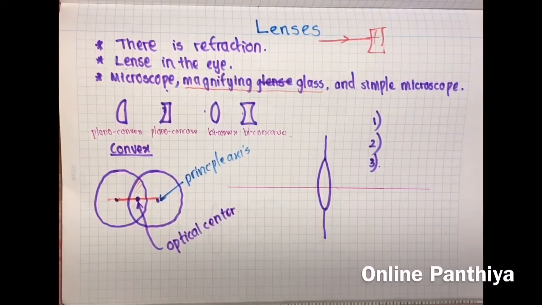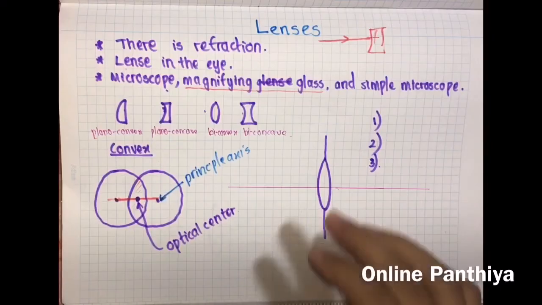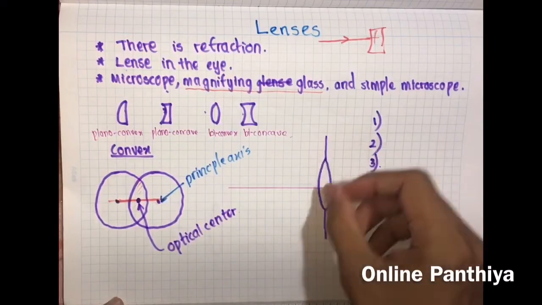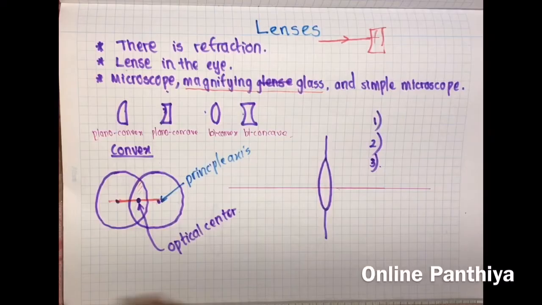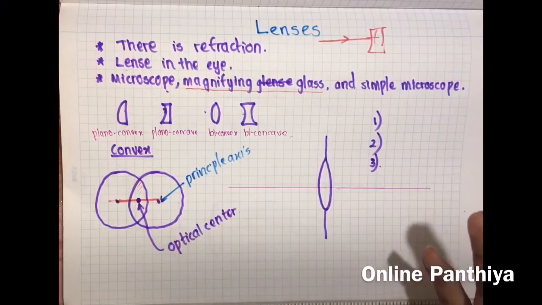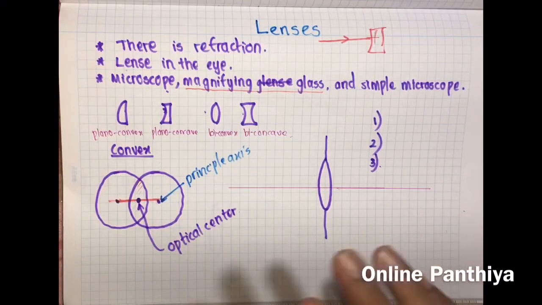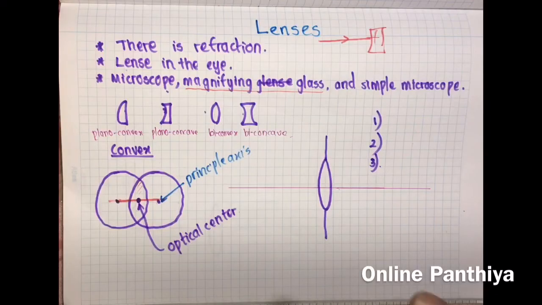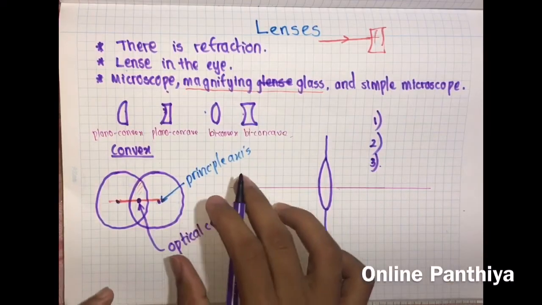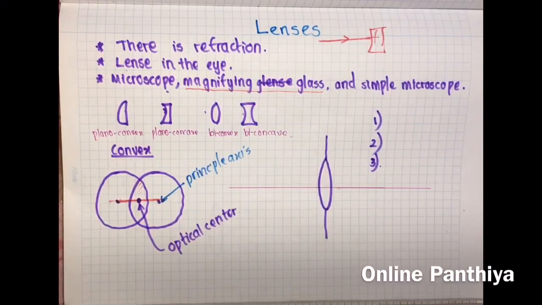Okay, now consider the lens. This is the way we draw diagrams. Further on we'll be studying what images you get when you place an object. Before that you should know what rays are available for this convex lens. Say a ray passes through this lens.